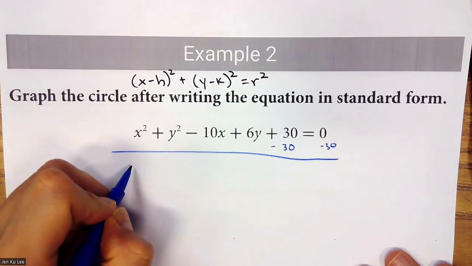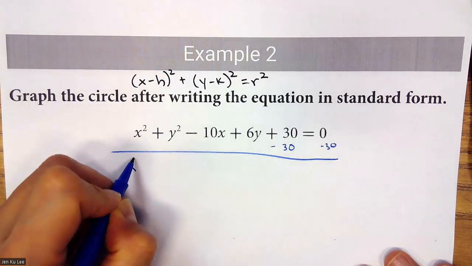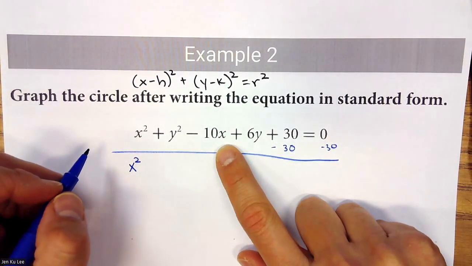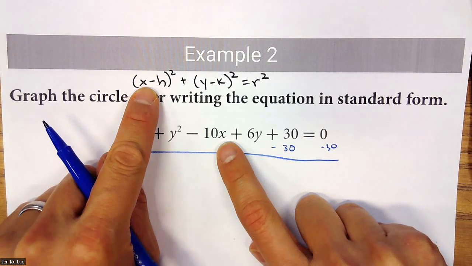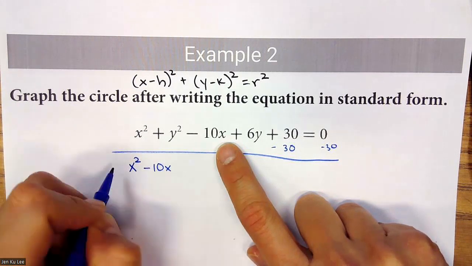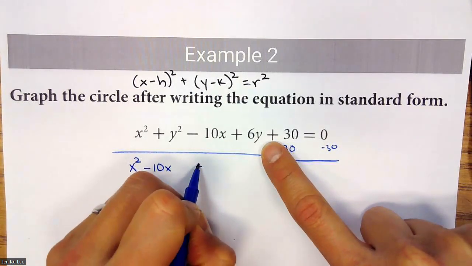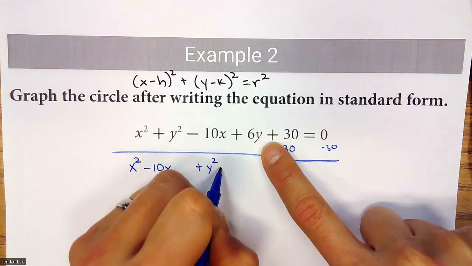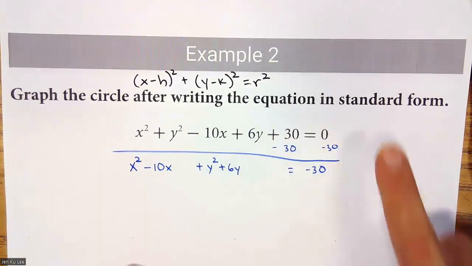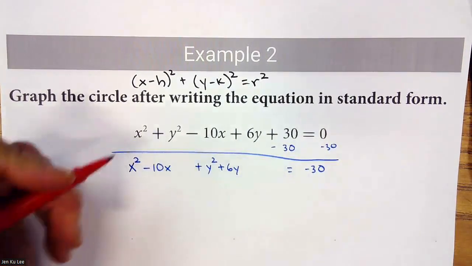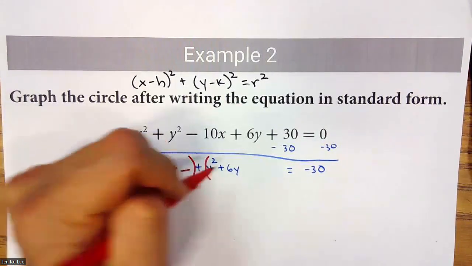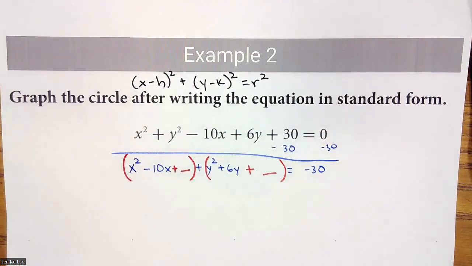When I simplify this, I'm going to gather up the x's first, plus y squared plus 6y equals negative 30. Now I know I'm going to have to complete the square, so I'm going to put parentheses around here and plus blank, and parentheses around here and plus blank.